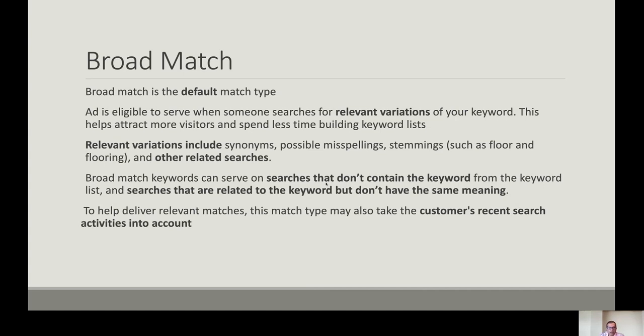So you can see that the idea of Google is to still provide a match only when it makes some sense in the context of the customer who is using that search.